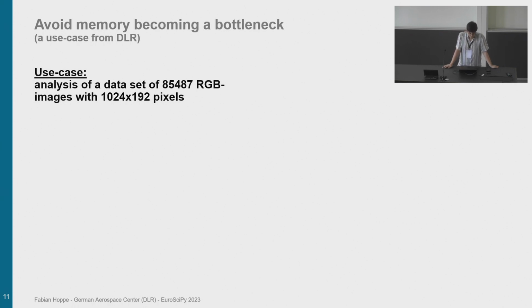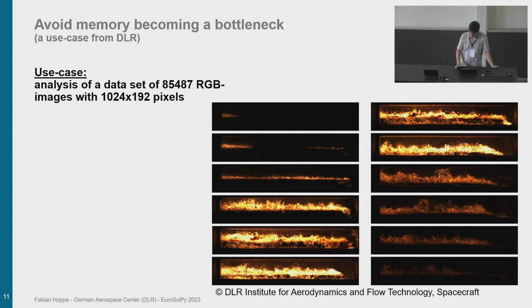You try to analyze 80,000 RGB images. You may ask, where do they come from? That's from the DLR Institute for Aerodynamics. They do high-speed camera videos of rocket combustion tests, and basically 8 seconds are just 80,000 images.